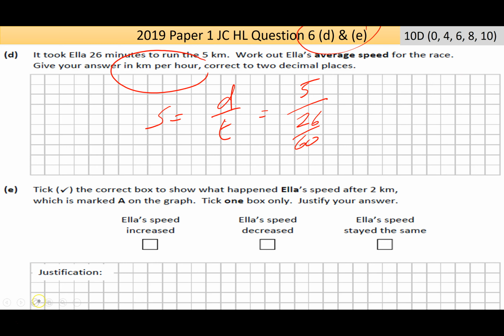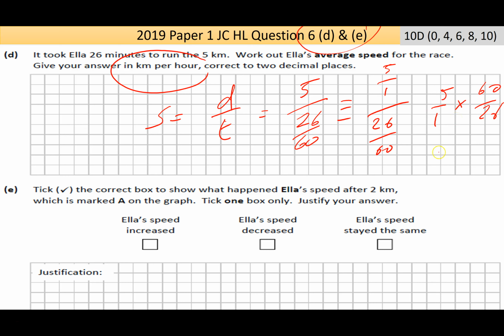So that's the equivalent to 5 over 1 divided by 26 over 60. So you're creating a fraction on top in order to apply the fraction rule of dividing. Fraction divided by fraction, you take the bottom fraction and turn it upside down, and you multiply it by the top fraction. So 5 over 1 times that.